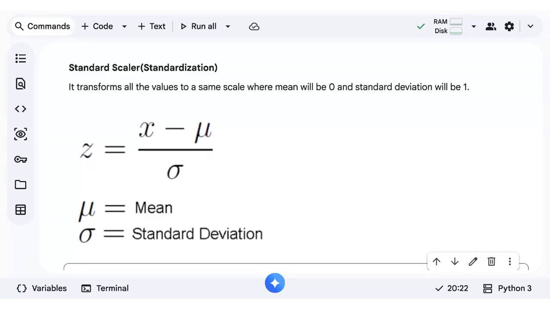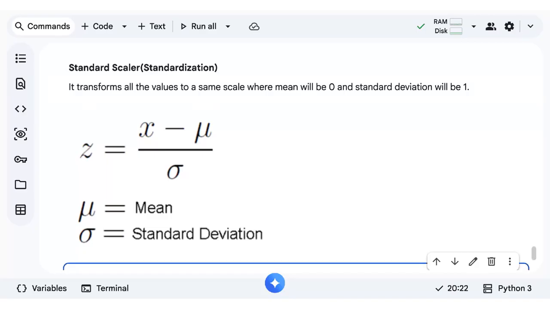These scaling methods play a very important role when it comes to distance-based algorithms like KNN, K-means, SVM. For tree-based algorithms, not really required, but for distance-based algorithms, when it's finding distance between two values, it's always good when you bring them to a same scale.